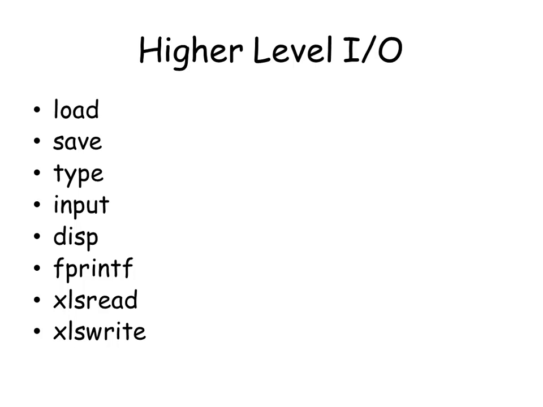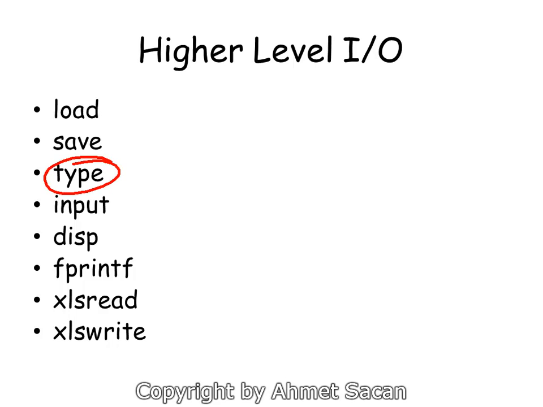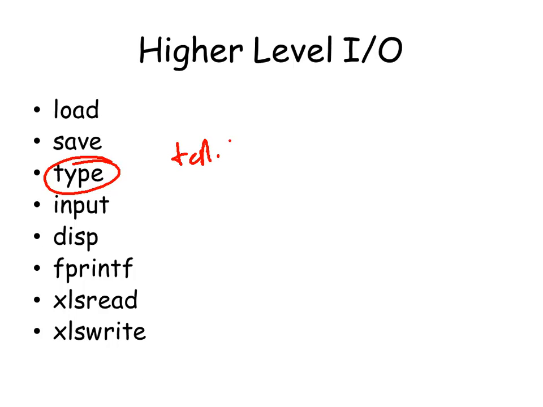We've already seen the load and save functions that load a Matlab variable or save a Matlab variable into a file. The type function will take a file name and just print it in the command window. So if you have a file named test.txt and you say type test.txt, Matlab will print the contents of that file in the command window.